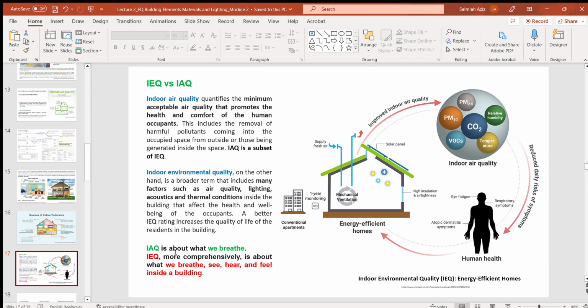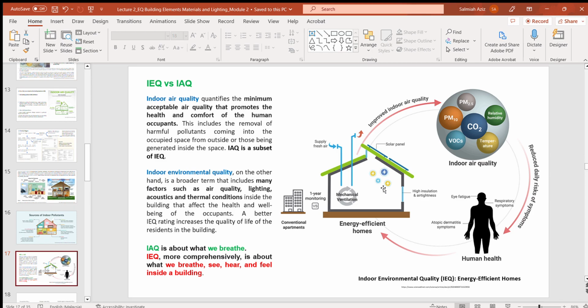IAQ is about what we breathe. IEQ, more comprehensively, is about what we breathe, see, hear, and feel inside a building. Okay, so this is the diagram of indoor environmental quality (IEQ) for an energy efficient home.